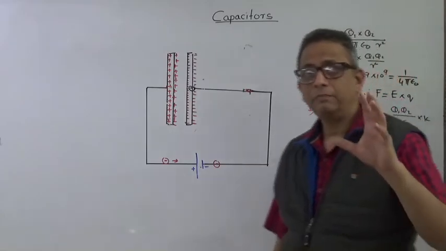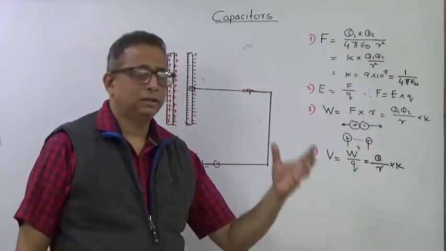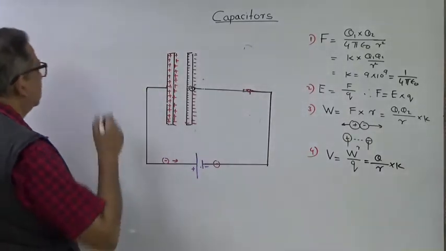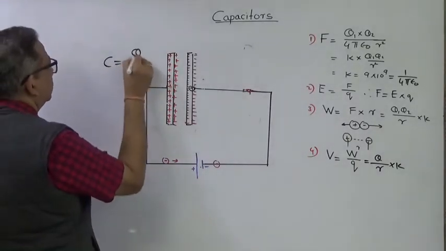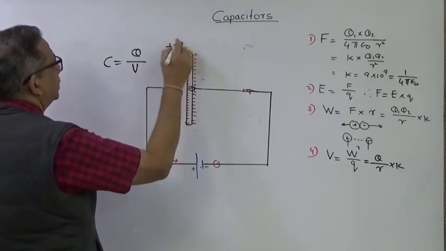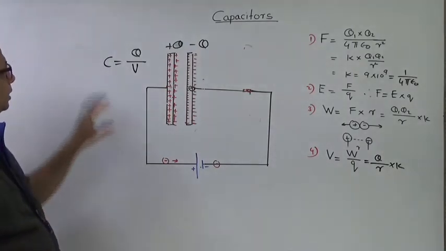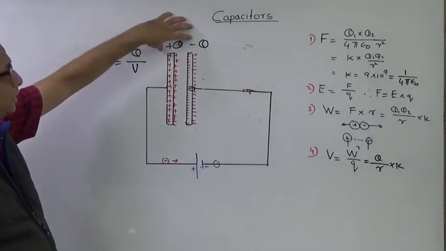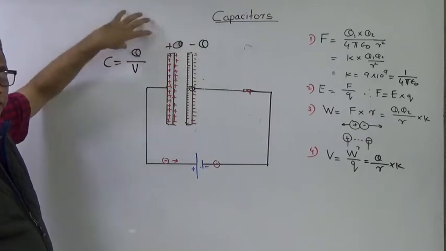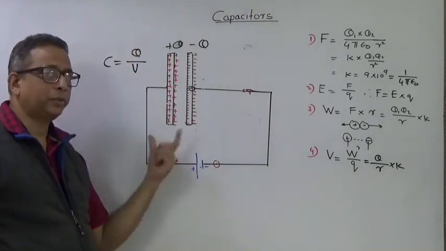So that is the basic understanding of the definition of a capacitor, which says that capacitance is equal to charge per voltage. The amount of plus q charge over here and minus q charge is developed over here. So we just consider one value of the charge, say q, per the voltage that is developed across this plate.